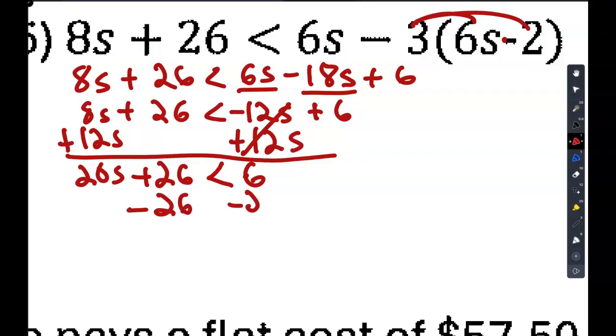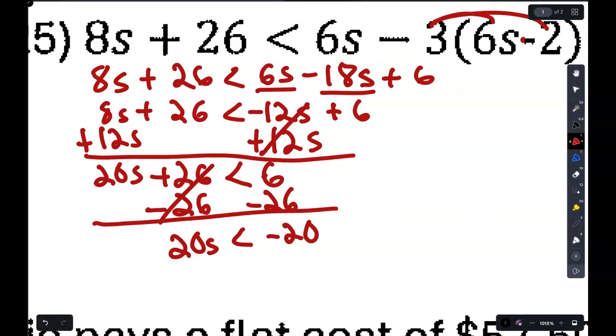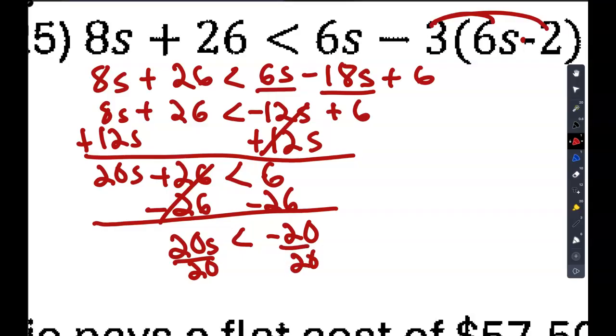Subtract 26 on both sides. 26 cancels out. 20s less than -20. And divide by 20. And s is less than, don't swap it on this one, -1.